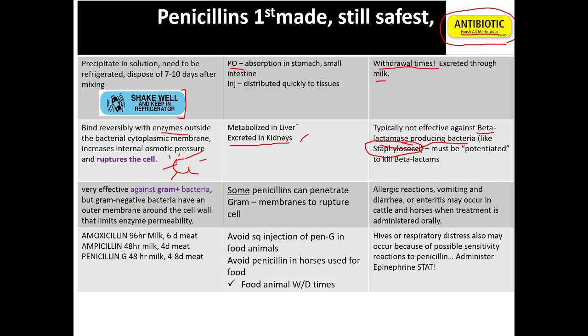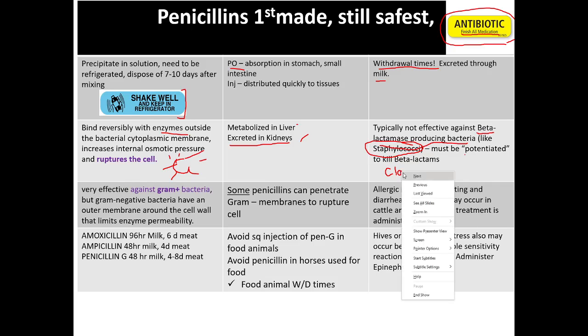Okay, in order for penicillins to work to kill Staphylococcus or other bacteria like Staphylococcus, they must be what we call potentiated. They must be changed in order to kill beta-lactamase producers. If you know anything about the antibiotics that we use in medicine, we know that there is something called clavulanate.